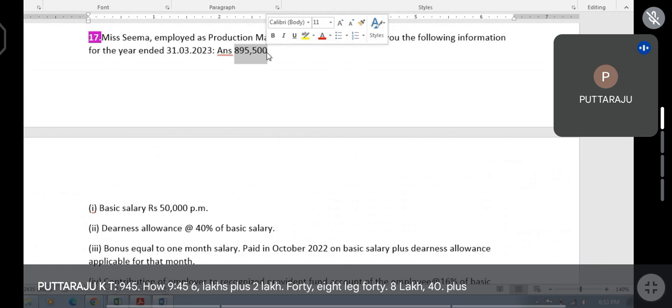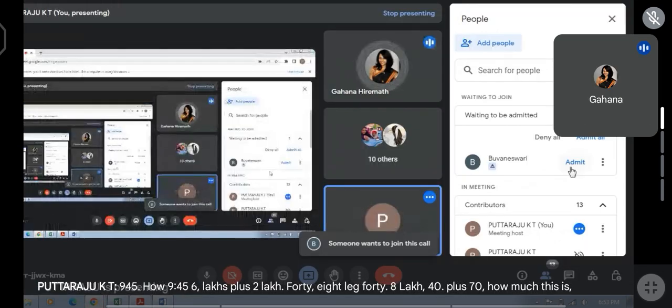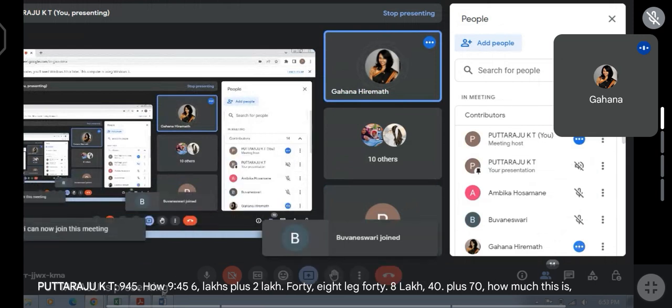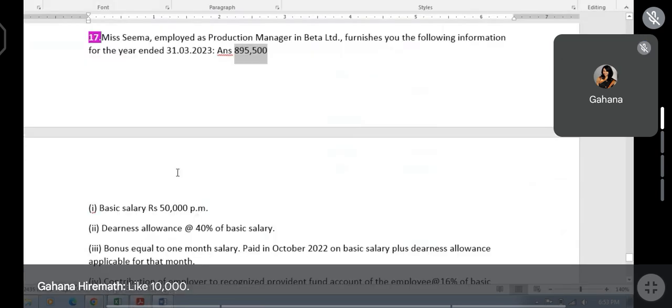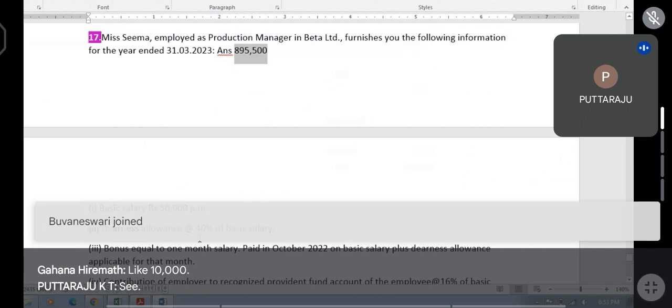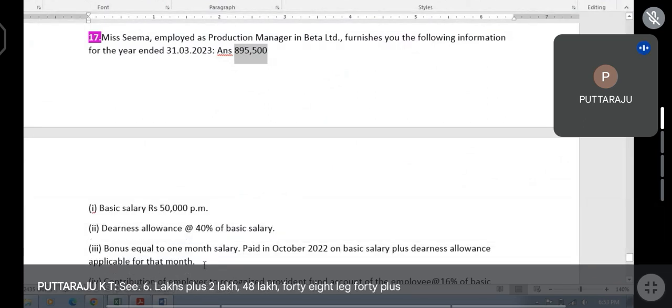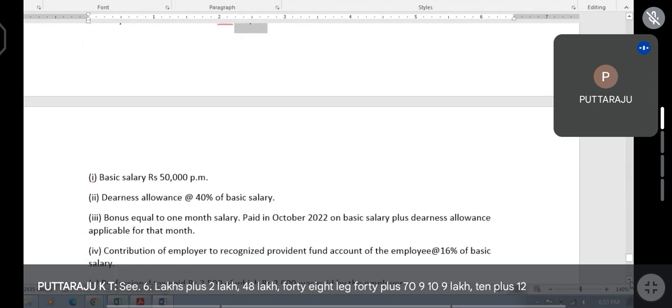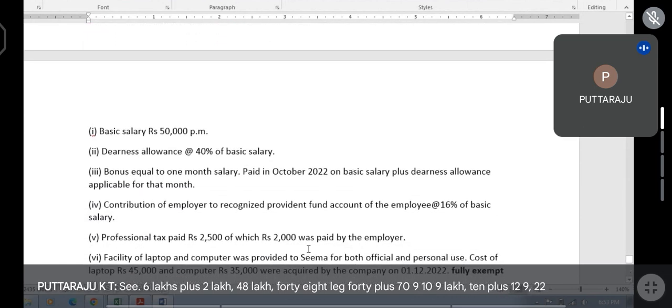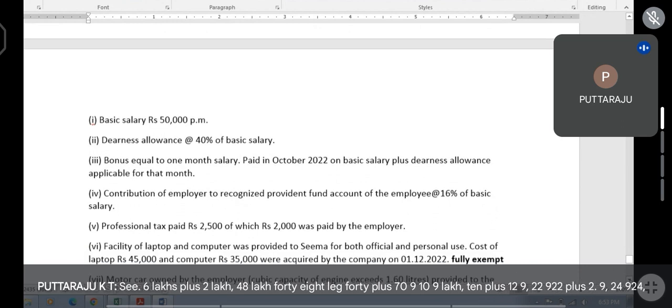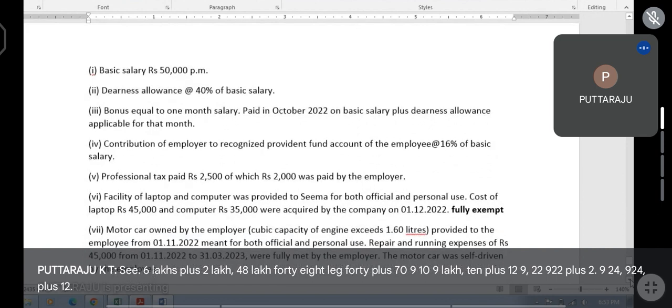How much? Sir, 9,10,000. See, 6 lakhs plus 2 lakh 40, 8 lakh 40, 8 lakh 40 plus 70, 9 lakh 10, 9 lakh 10 plus 12, 922, 922 plus 2, 924, 924 plus 12. How much?